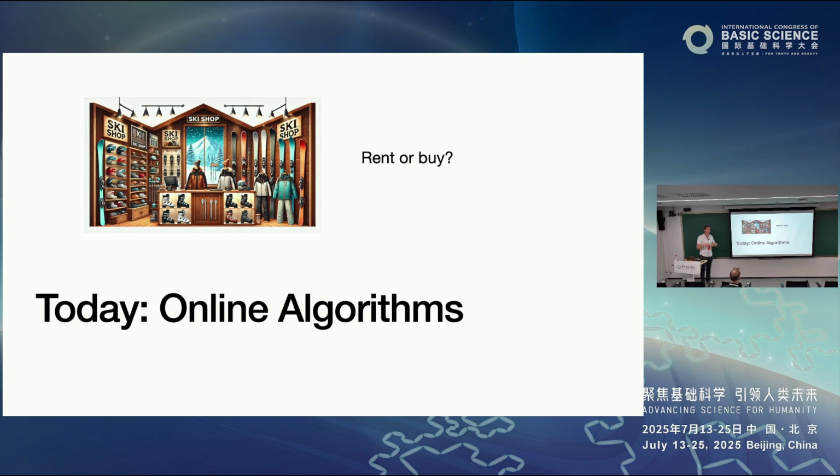The traditional motivation would be a rent or buy situation, for example when you start to ski: the number of days you're going to ski is unknown, and you need to decide whether to buy. That's a rent or buy situation where you make an irrevocable decision without knowing the future.